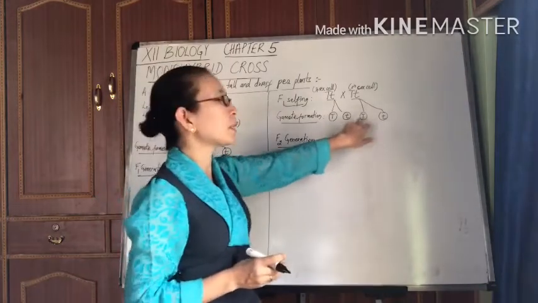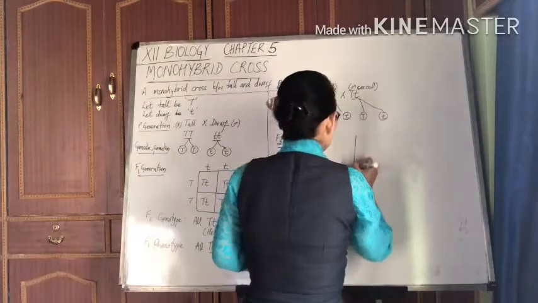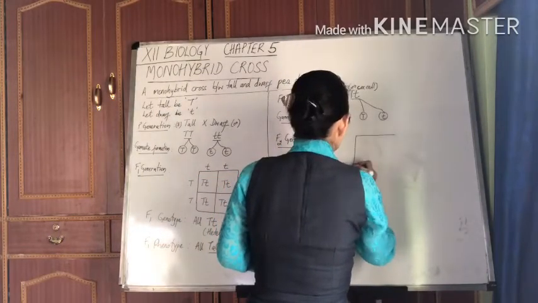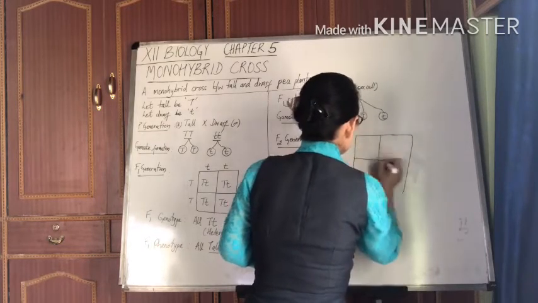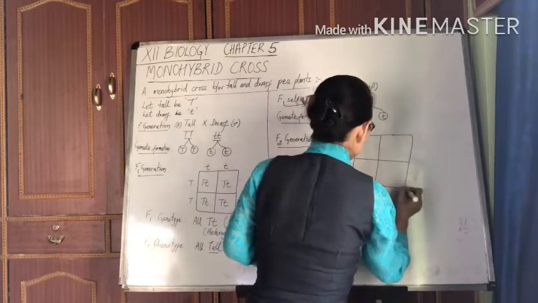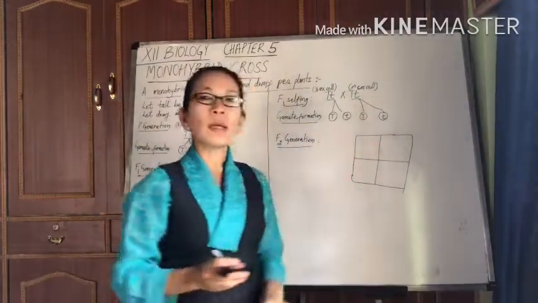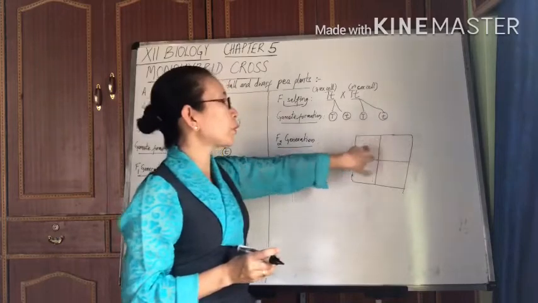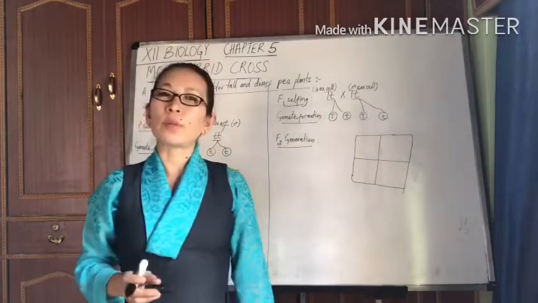We have two gametes each from the male and female sex cell, so we are again going to draw two columns and two rows. Then we place the gametes, one on top of the grid and the other parental gamete on the left side of the grid.